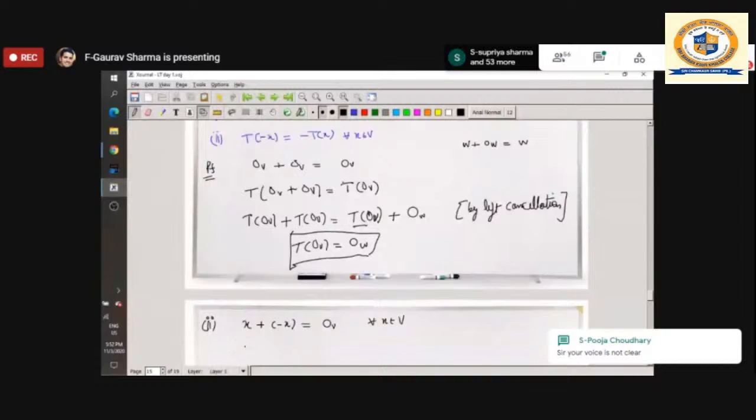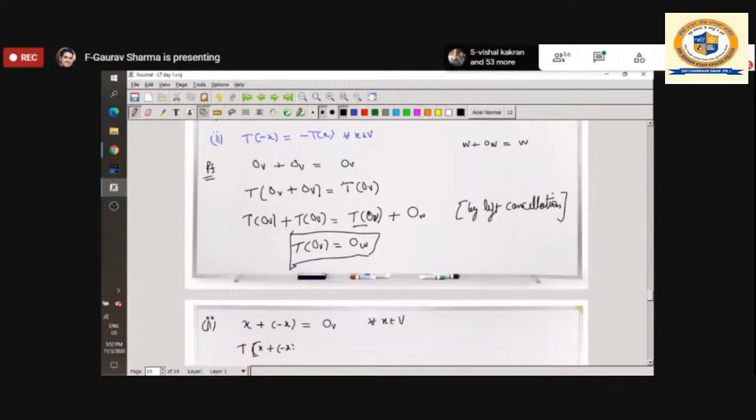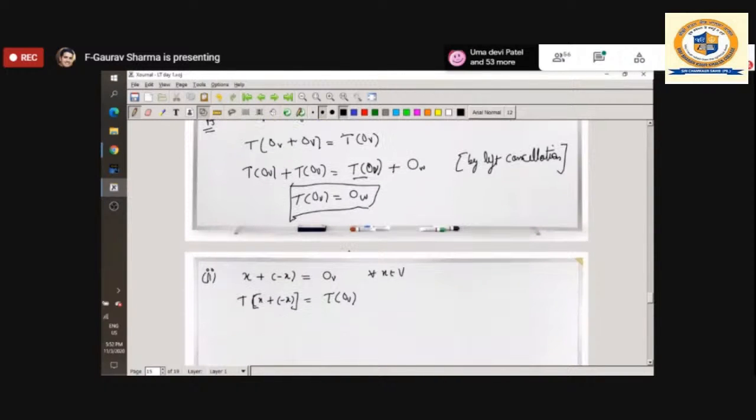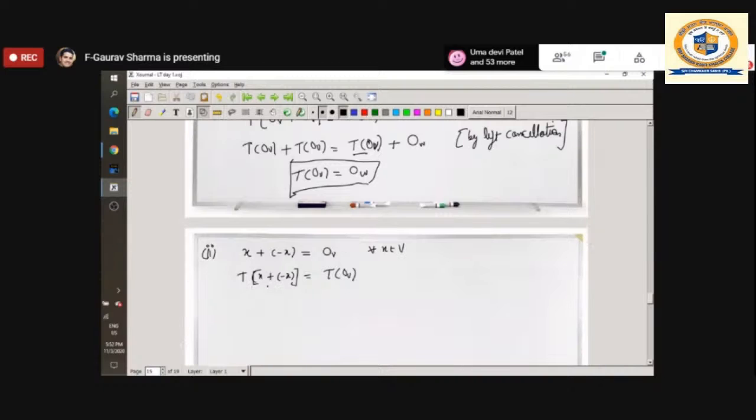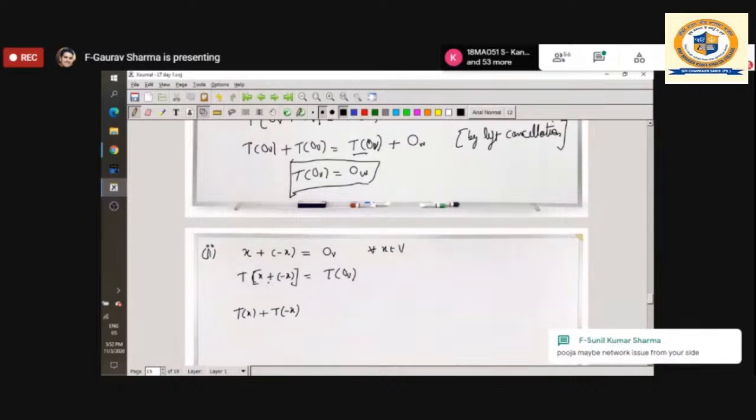So if I apply the transformation on both sides, T of x plus minus x equals T of 0V. I have already proved that T of 0V is the zero vector of W. And using the linearity of T, since T preserves vector addition, I get T of x plus T of minus x equals 0W.